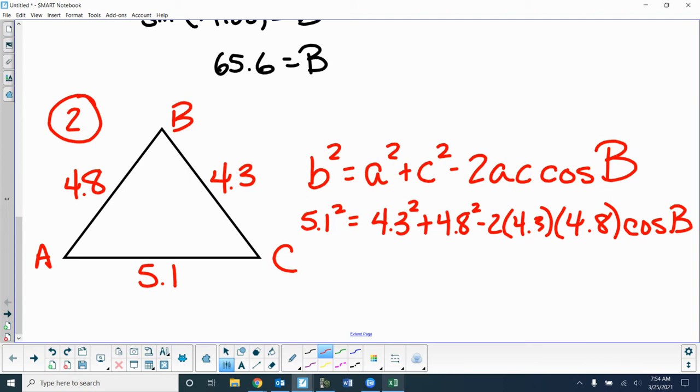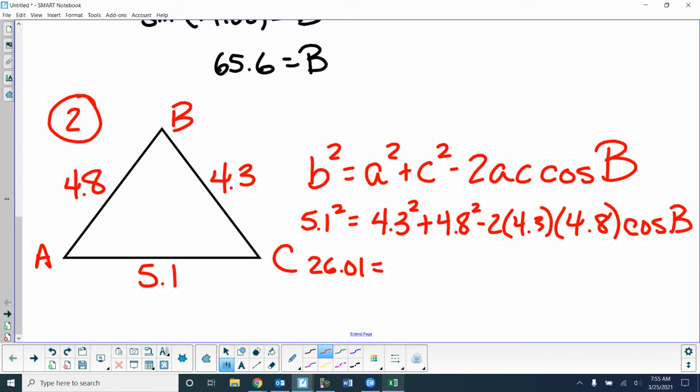Okay, so you can't put all of this in like you did on the last one. Okay, zoning out, some back here, okay? So, now I've got all the numbers here, I have it written down. 5.1 squared is 26.01.